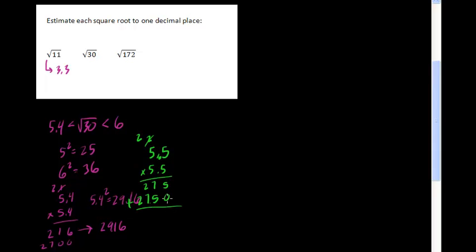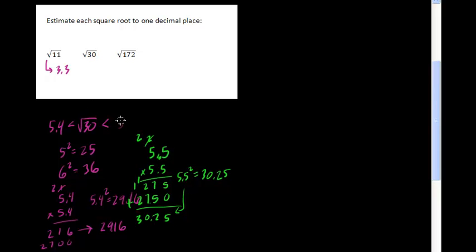Add these up. 5 plus 0 is 5, 5 plus 7 is 12, 7 plus 2 is 9, plus 1 is 10, carry the 1, 2 plus 1 is 3. So it's 30.25. So it tells us that 5.5 squared equals 30.25. That's above 30, right?